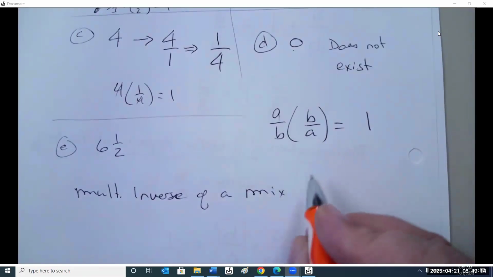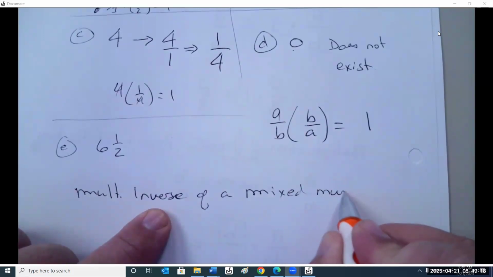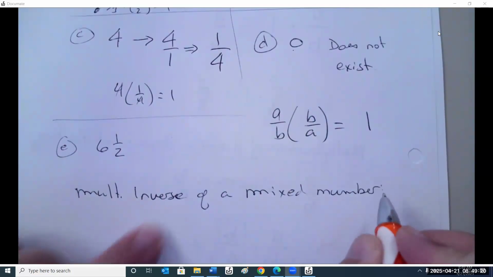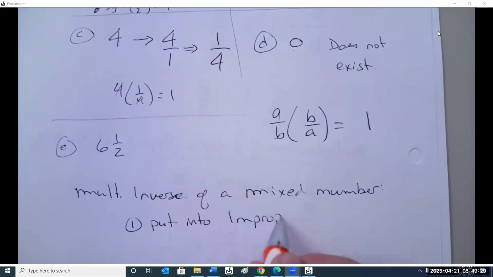The multiplicative inverse of a mixed number, first put it into an improper fraction.